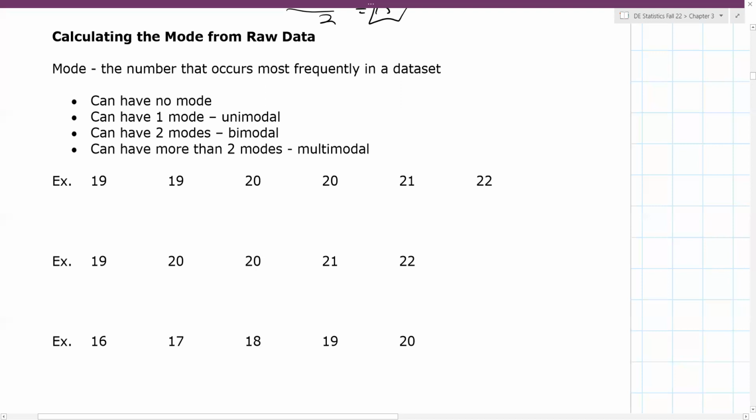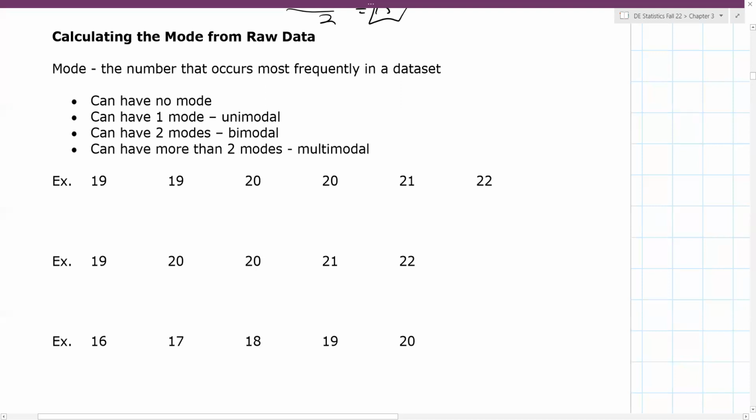In order to have a mode, there has to be some differences in the amounts. You can have one mode that is unimodal, two modes that is bimodal. We talked a little bit about that at the end of chapter 2. Or if you have more than two modes, there's not a technical term. They just become multimodal.